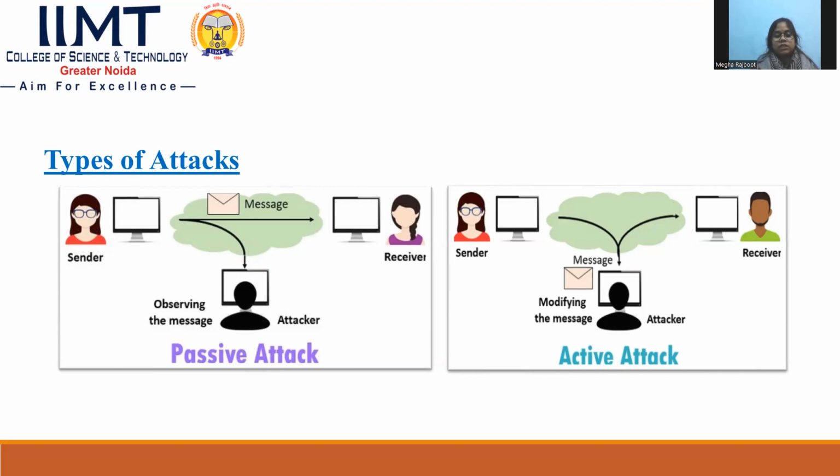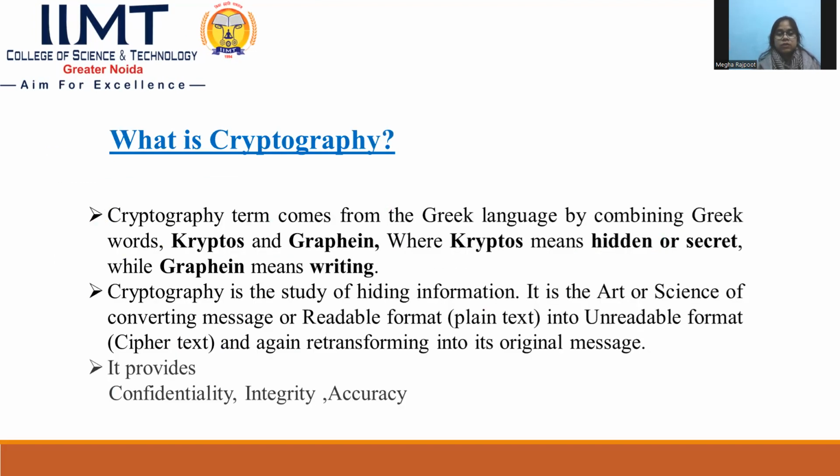He cannot change our message. But in an active attack, the attacker can change and modify our message which is sent by the sender to the receiver. So for preventing this, we use the art of cryptography.